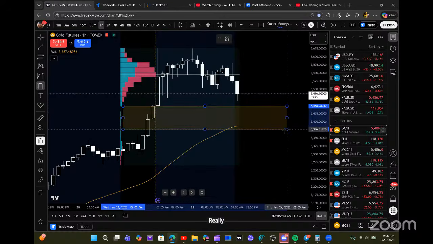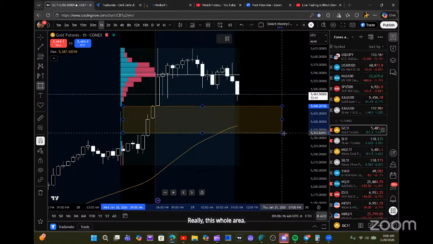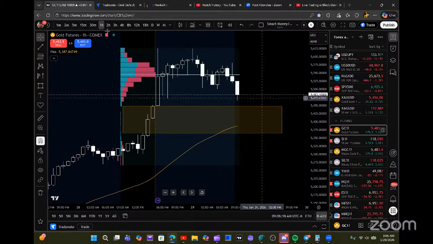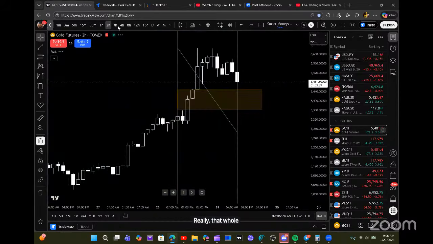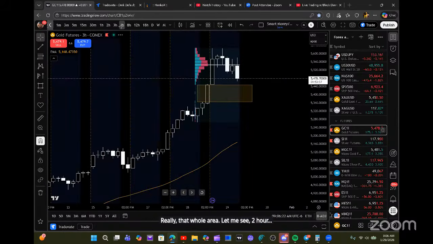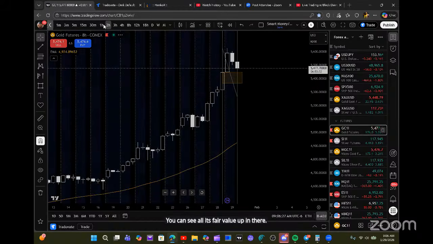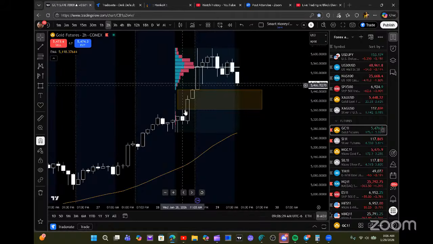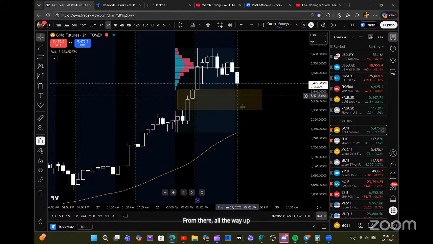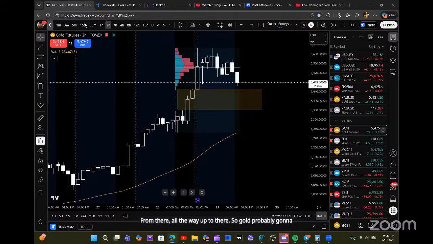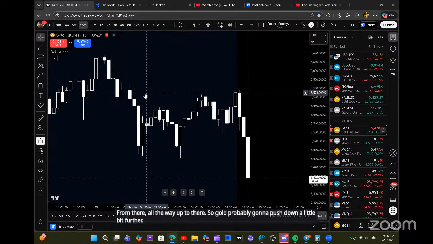Really, this whole area. Let me see, 2 hour, 3 hour, 4 hour. You can see all that's fair value up in there, from there all the way up to there. So gold is probably gonna push down a little bit further and then continue going up.